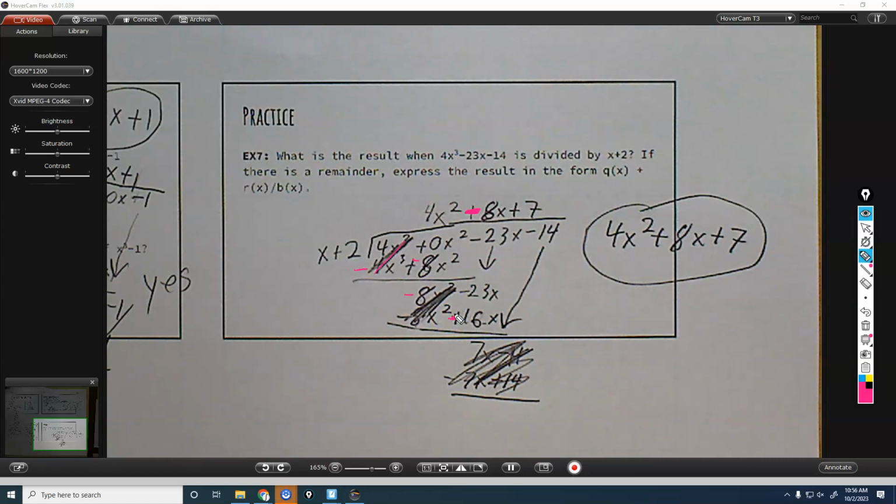So we divide, we multiply. Now we got to subtract. So that becomes a double negative, so it's really a plus. This one also becomes a double negative, so you're really adding it here. So you should be doing negative 23 plus 16, which is going to be negative 7. I think you did that part right, because you got a 7 there.